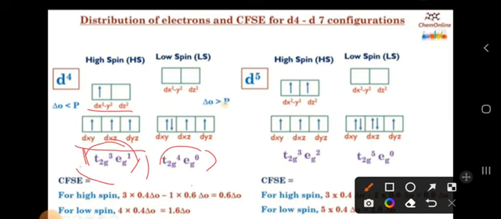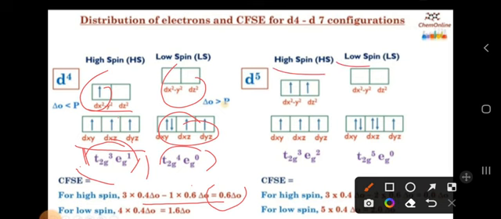For high spin, how much value? 3 into 0.4 minus only one electron, 1 into 0.6. If an electron is entering here, then it is giving 0.6. If it is low spin, we are going to get 1.6. In the same way, d5, you take low spin complex and high spin complex.